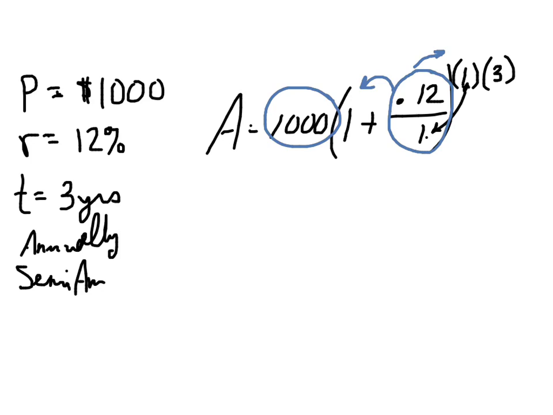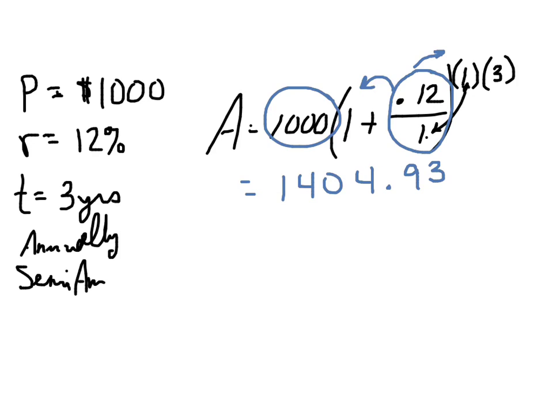So I'd take 0.12 divided by 1, which is 0.12, plus 1 to it, raise it to 1 times 3, which is 3, then multiply that by 1,000, and I get my answer of $1,404.93 if you round it up.